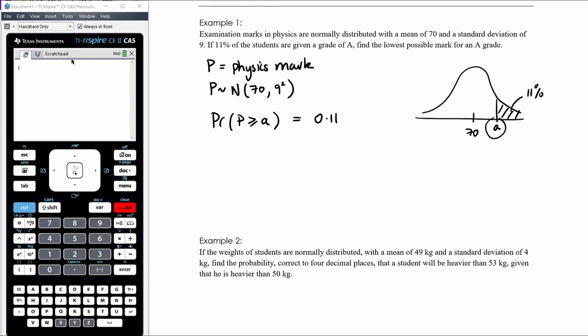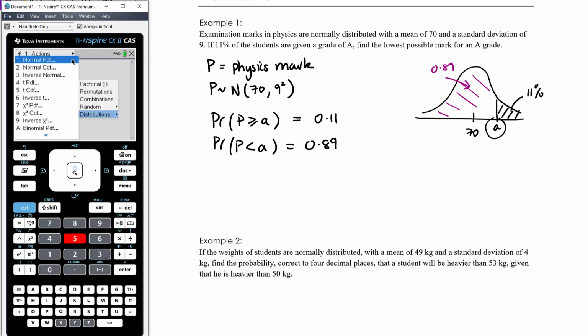Okay? So this is going to be an inverse normal probability, but remember inverse normal requires that we use the cumulative probability from the left, so we're going to need to use the fact that this is going to be 0.89. So we know therefore that the probability that the physics grade is less than A is going to be 0.89. So menu 553 for inverse normal.